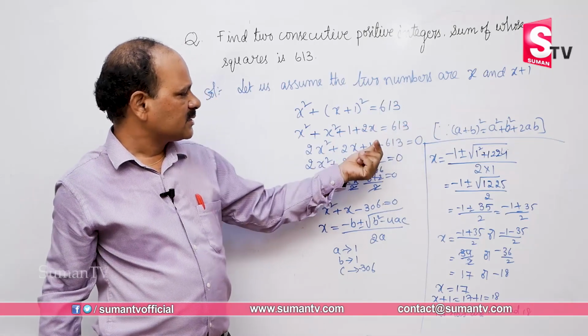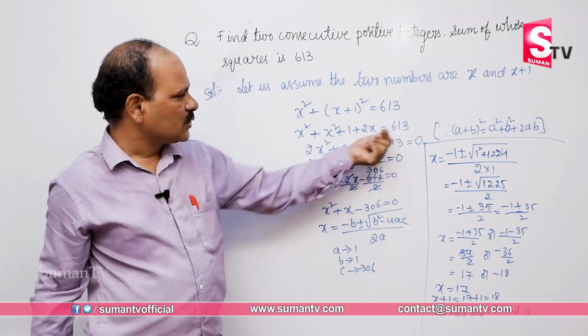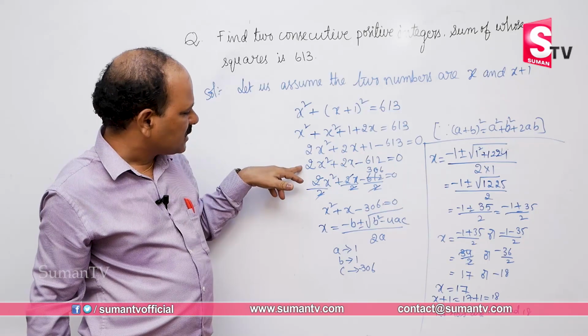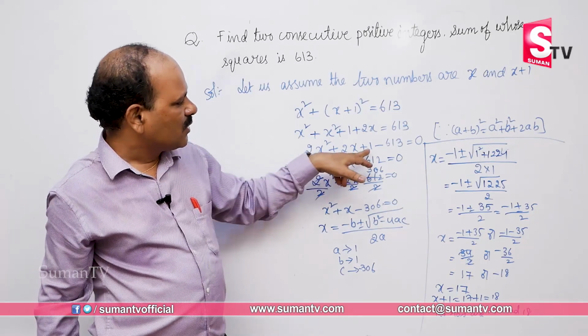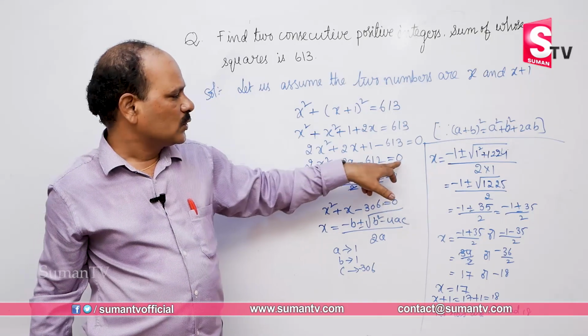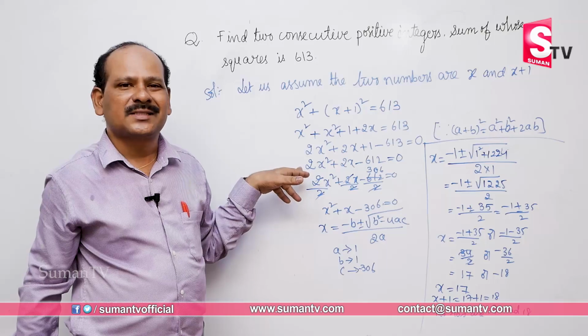When I send this 613 to the left side, it becomes minus. So in the next step, 2x square plus 2x, 1 minus 613 becomes minus 612, is equal to 0.